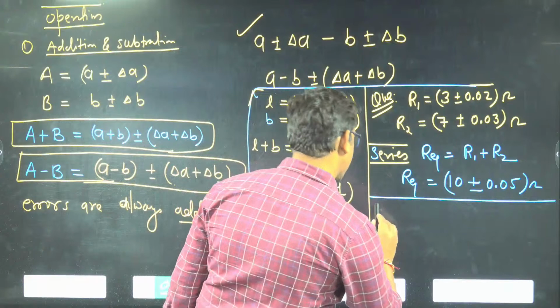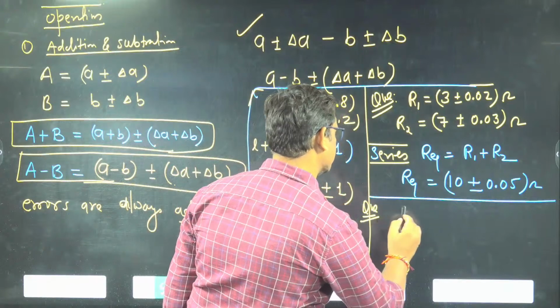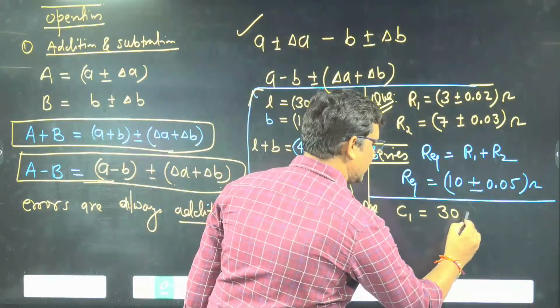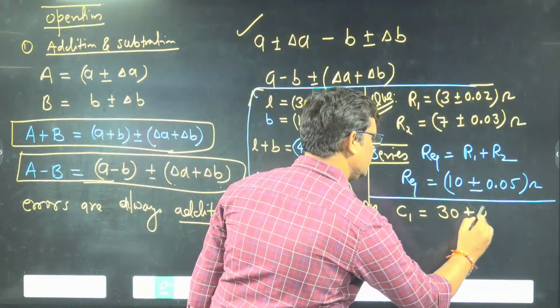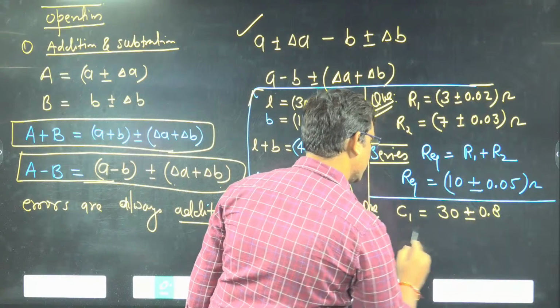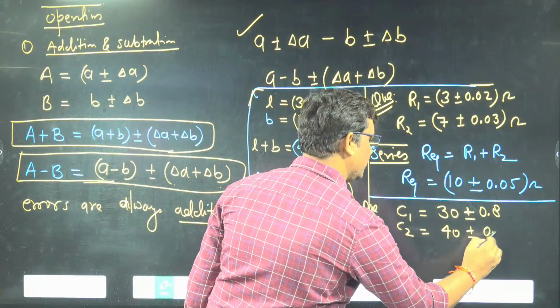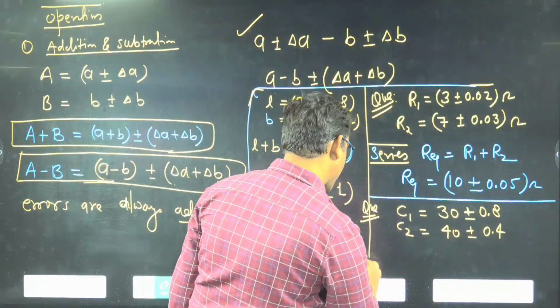Suppose one more question for the capacitance: C1 equal to 30 plus minus 0.8, C2 equal to 40 plus minus 0.4, and they are saying parallel.